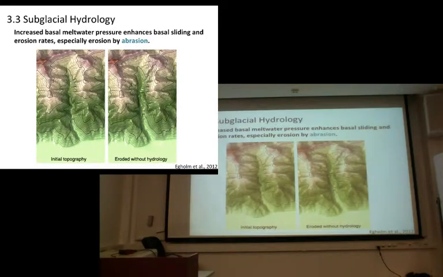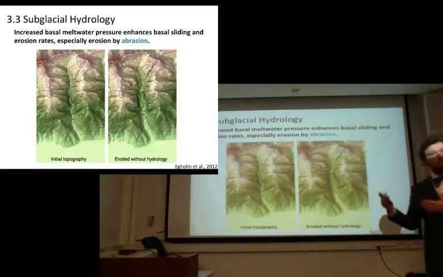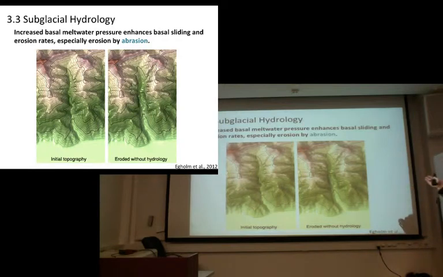And then the final slide about the hydrology is to look at what if you don't include sliding. Hydrology is water, and this is just a result again of a model, but it shows what happens if you don't include it.